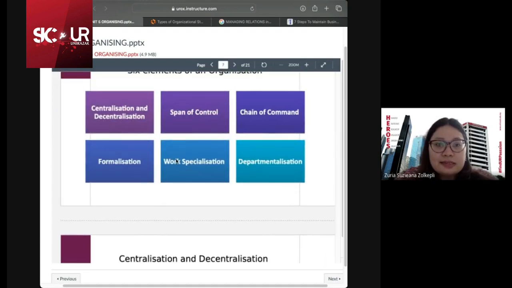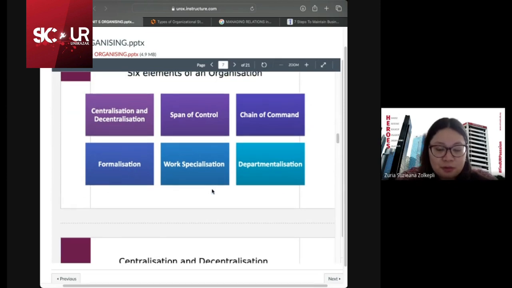So next is the span of control. Span of control refers to the span of management. Span of management means the number of subordinates or employees that are managed by a manager. So we have narrow span and then we have wide span. A narrow span means that a supervisor or manager only supervises a few people, like five, this is just an example.